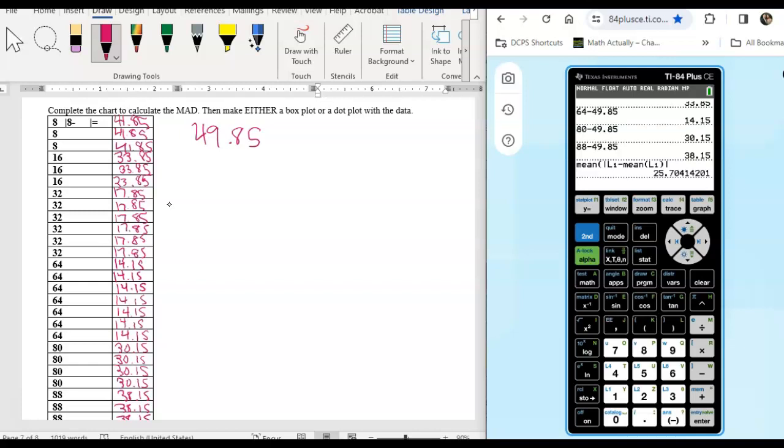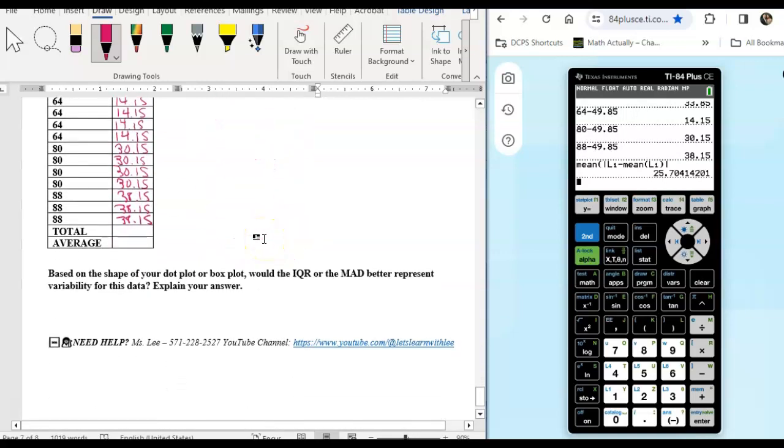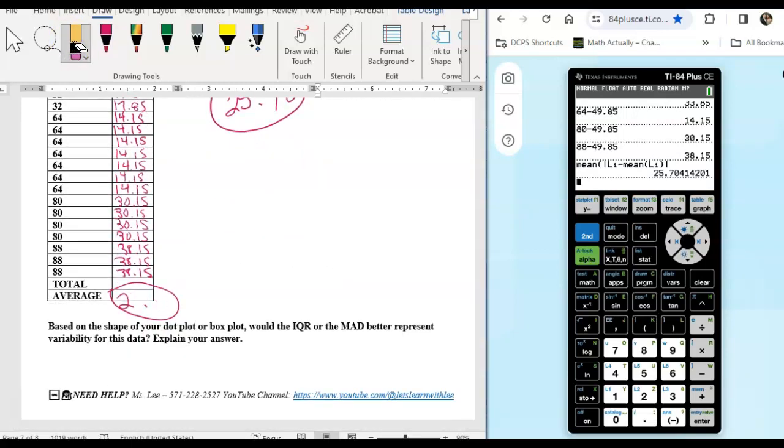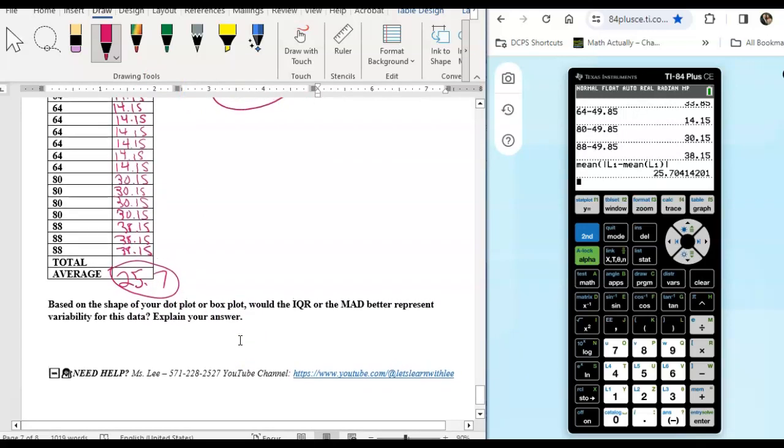And so we get 25.7 as our MAD. So that is 25.7. I inverted my numbers here. 25.7 as my MAD.